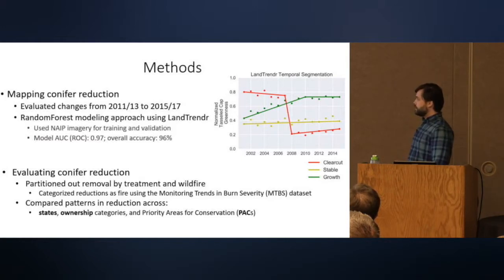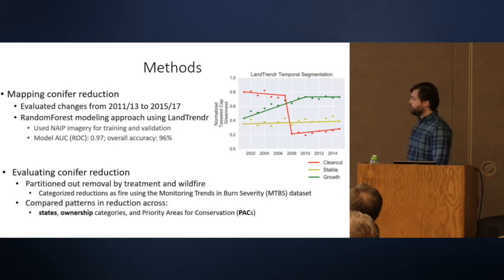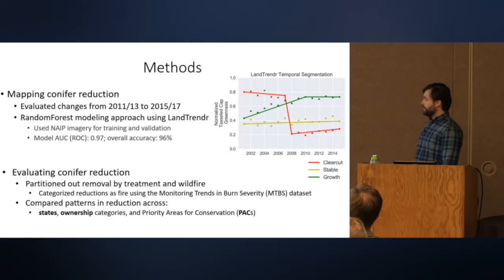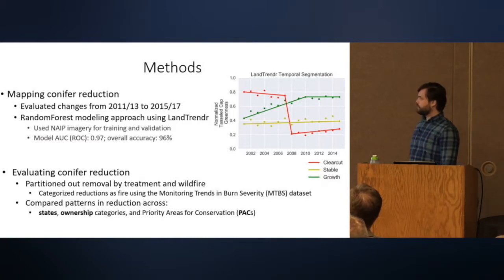So if you see this example graph on the right of this temporal segmentation, we might have three different situations on the landscape. So we might have a site, like in this orangish yellow here, that's relatively stable. So you can see that the LandTrendr segmentation kind of draws a stable trend through that site. We might have another site in green here where we see some pinyon juniper expansion or some infill.